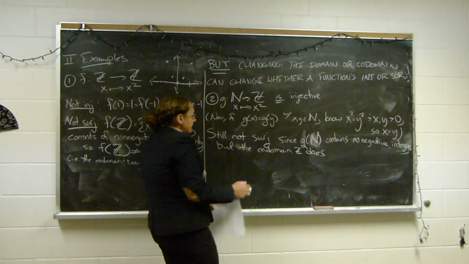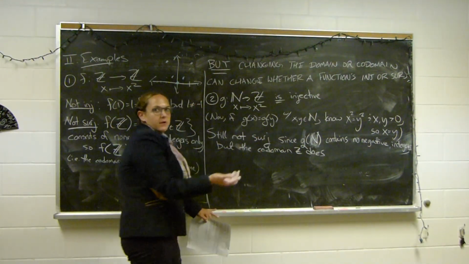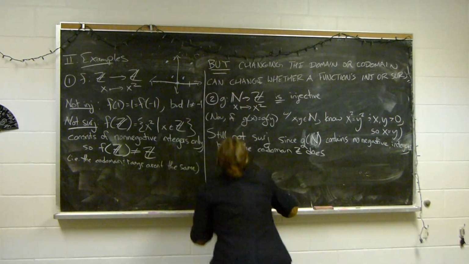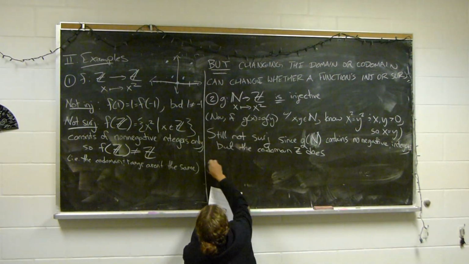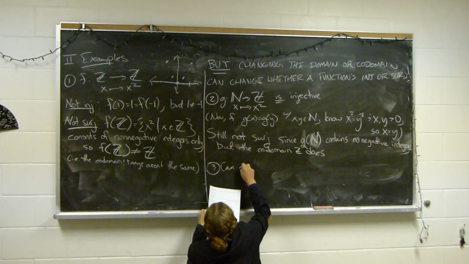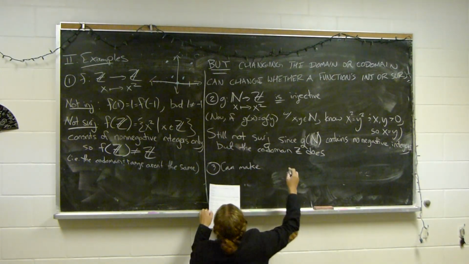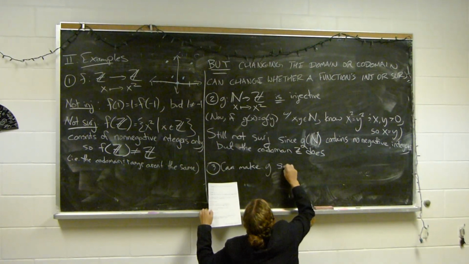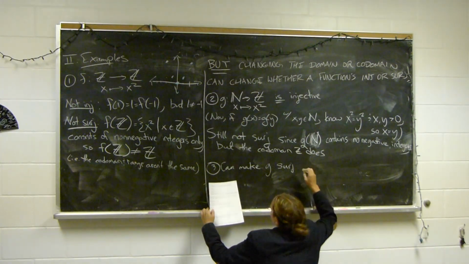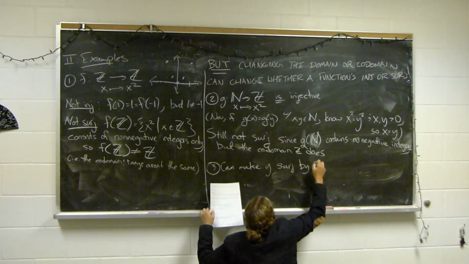So, in the next stage, we just replace the codomain with the image. We can make g surjective by replacing the codomain with the image.